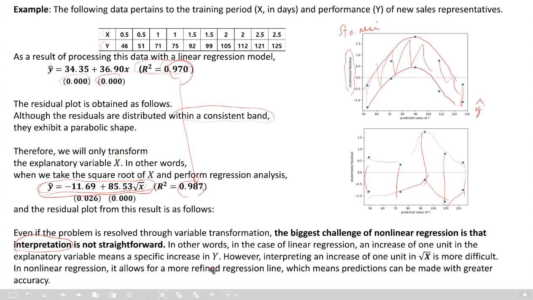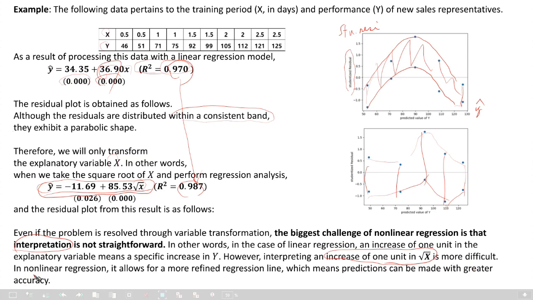You may explain the coefficient, right? 1 unit increase of x implies 36.9 increase of y. However, what does an increase of 1 unit in square root x mean? It is more difficult to interpret.